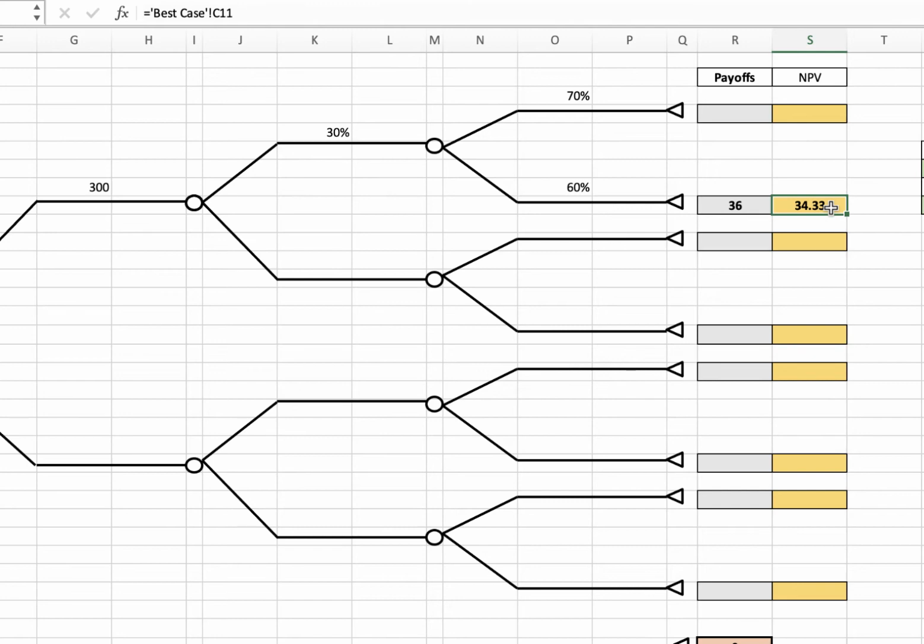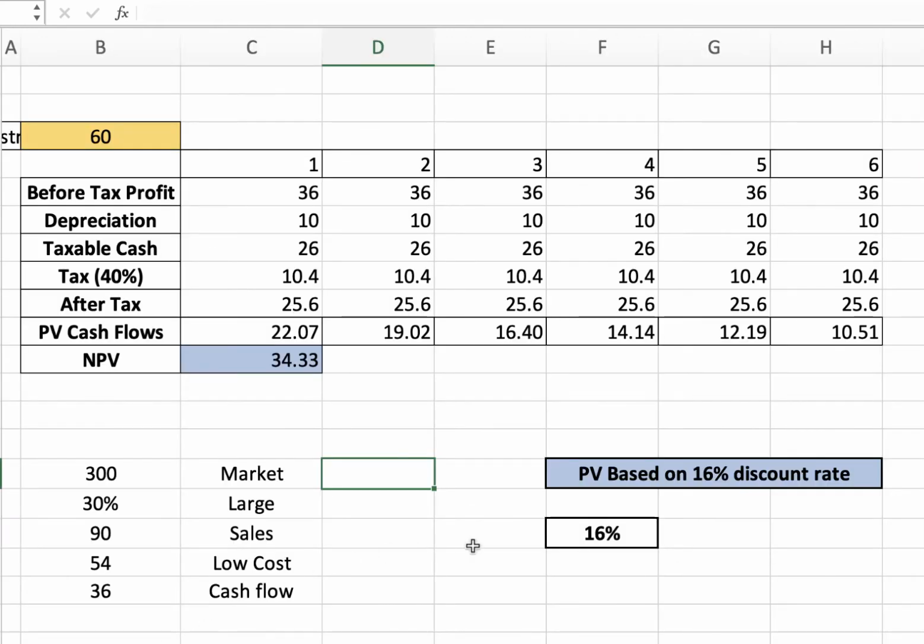So let's look at an example NPV table for the best case scenario and see how that discount rate is affecting our decision analysis. So here is the NPV table that we started. This is a complete example for you. So you would have one of these for all 8 payoffs. We are only looking at the first payoff now, 36 million annually.